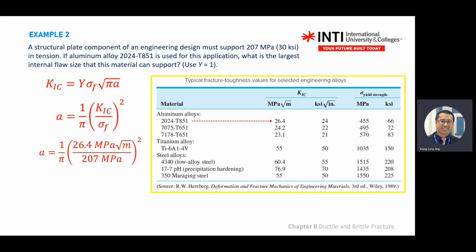You reach meters. This 1 over pi is a constant value. So your A is in meters: 0.00518 meter, or 5.18 mm.